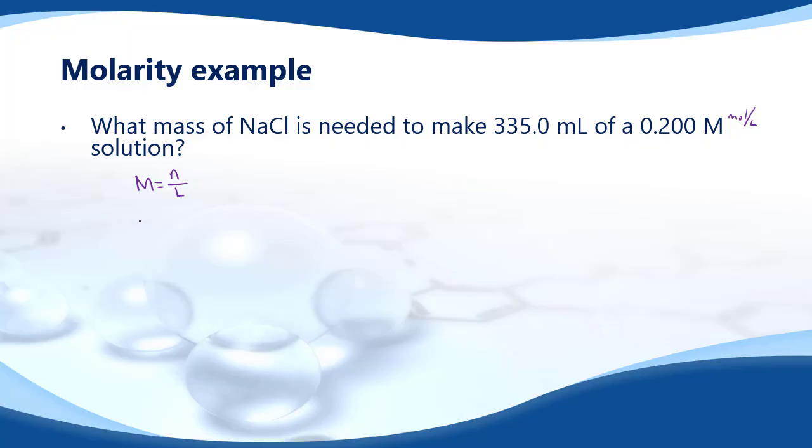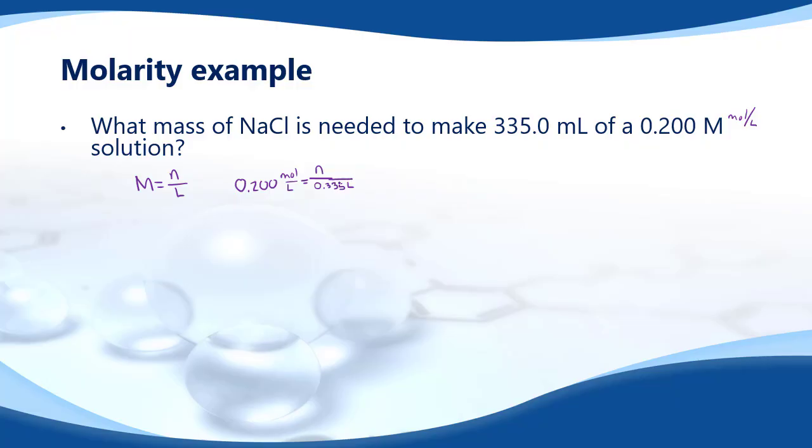We're given the concentration, 0.200 mole per liter, equals, we don't know the number of moles, so that's our variable, over our volume of solution, 335 mils. There are 1,000 milliliters in a liter, so this is 0.335 liters.